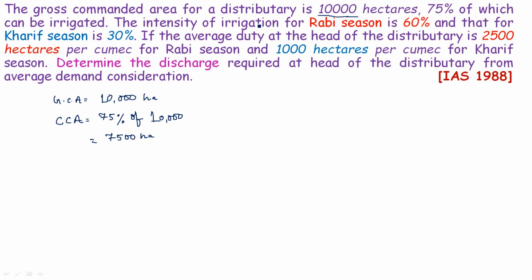Now the intensity of irrigation for Rabi season is 60%.